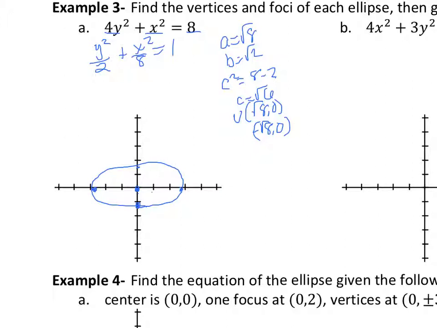We know c is root 6, which is a little more than 2. So our foci are at root 6 and 0, and negative root 6 and 0. We good? Okay.